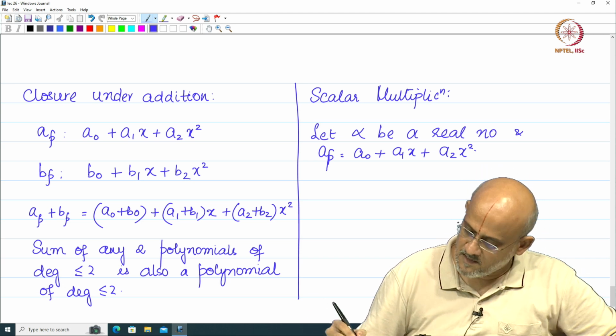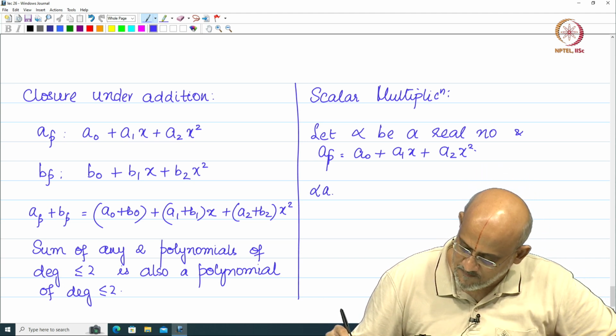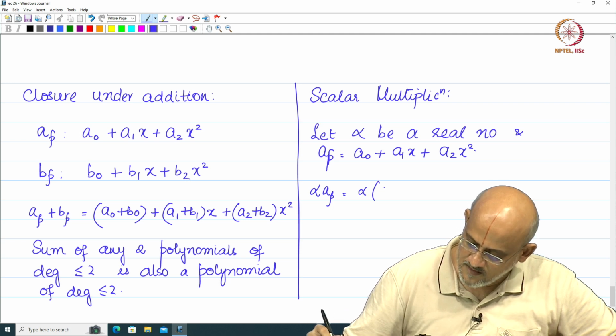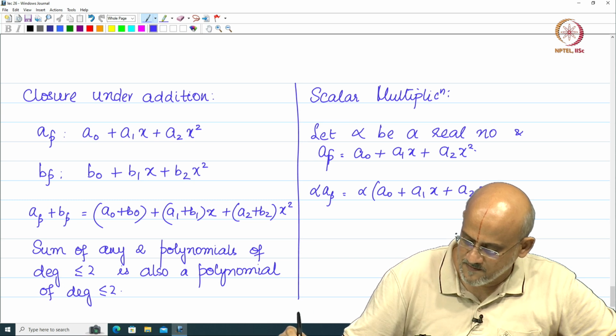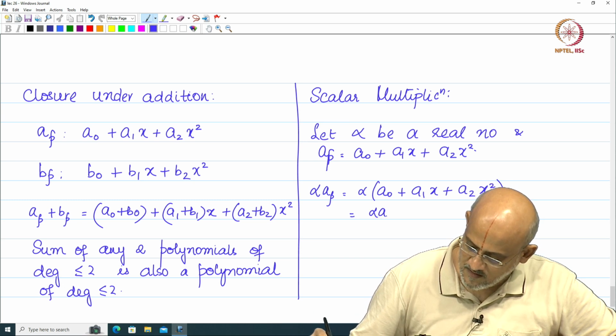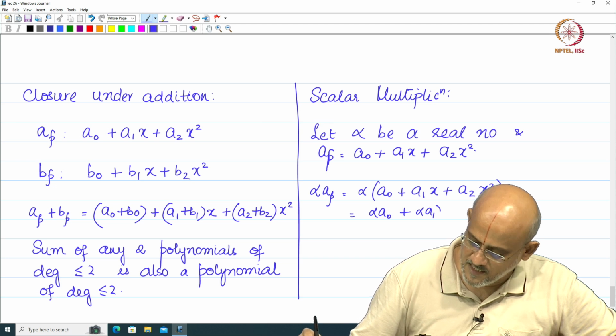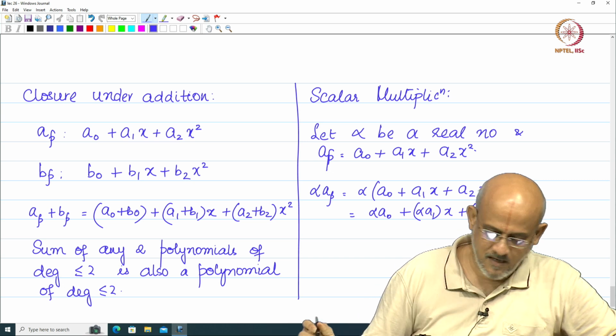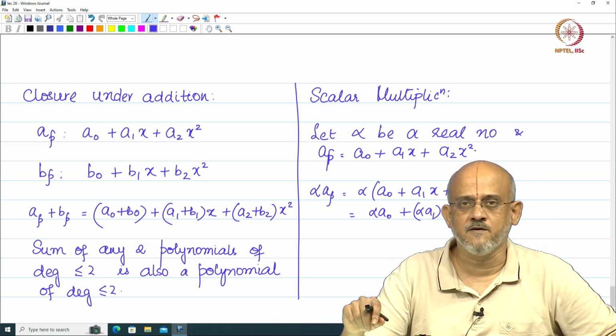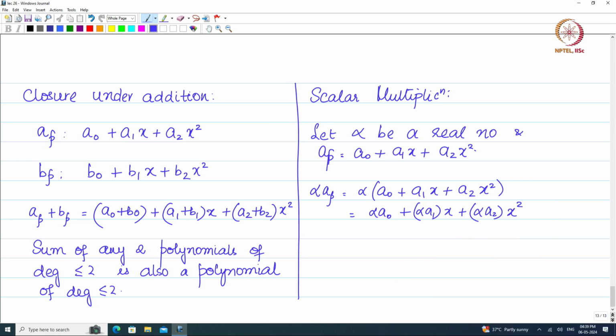What we have is alpha times this polynomial, which is alpha into A naught plus A1x plus A2x squared, which is nothing but alpha A naught plus alpha A1x plus alpha A2x squared, and that is again an element of our P2. So, this is also an element of P2.